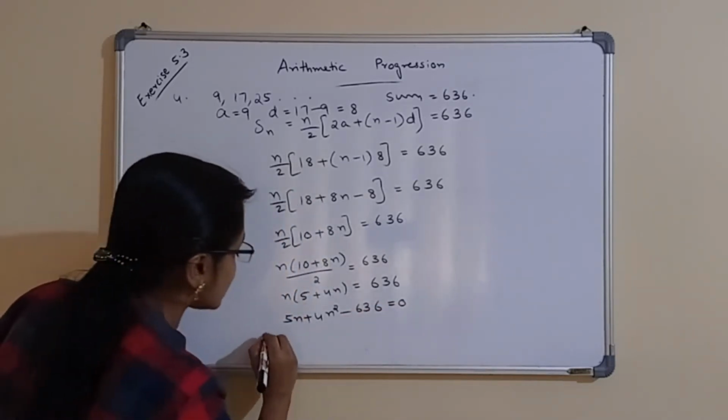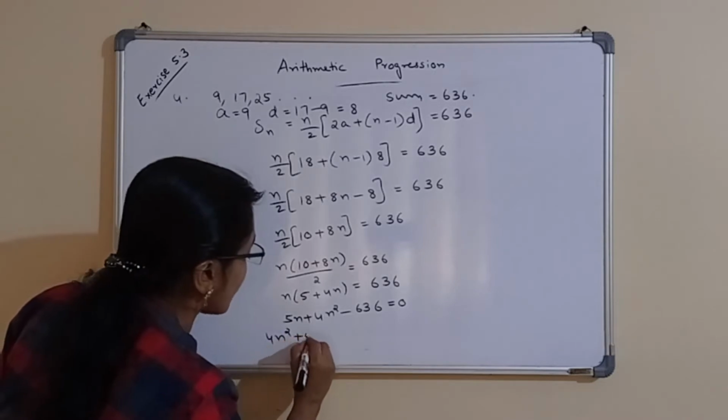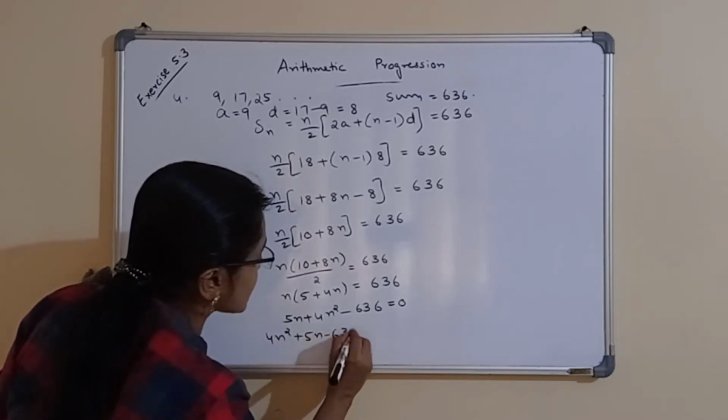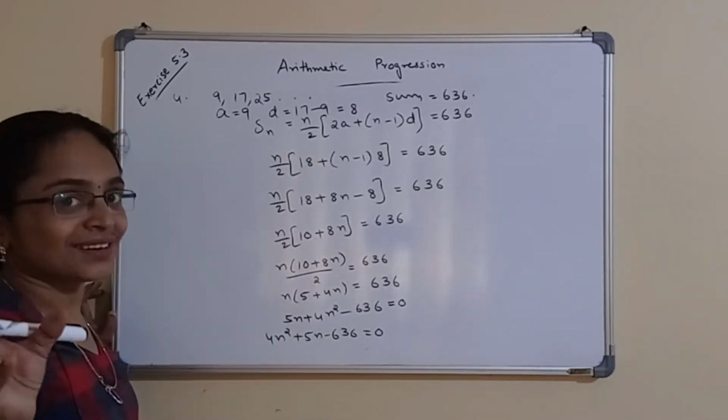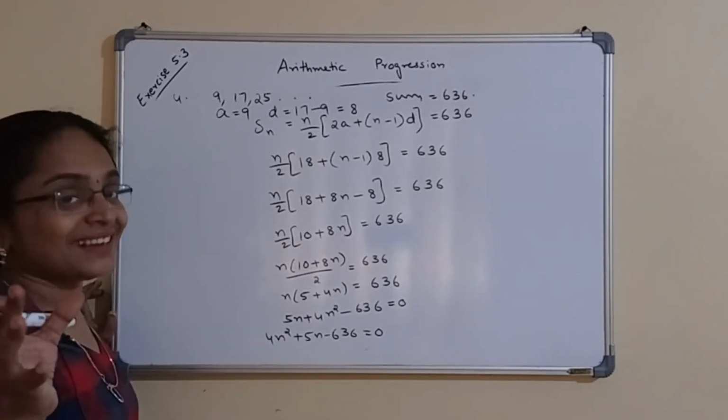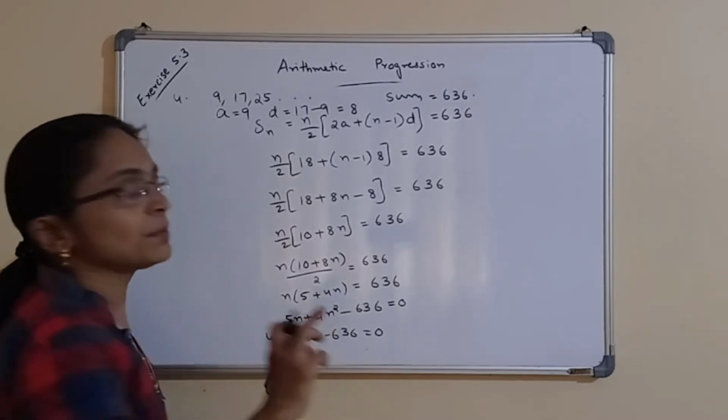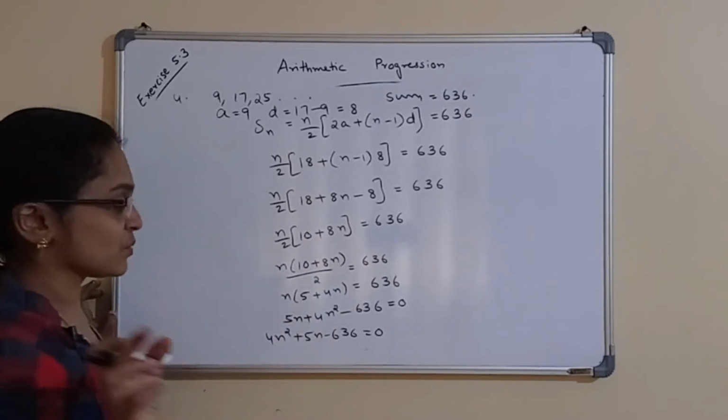So, we can write it as 4n square plus 5n minus 636 is equal to 0. This is the general form. We have to write the term with the highest power first, right? So, 4n square plus 5n minus 636 is equal to 0.